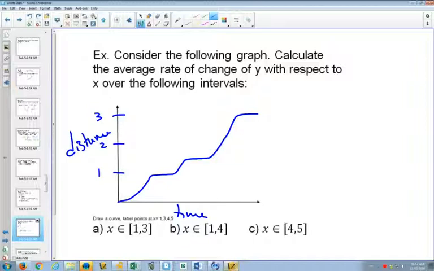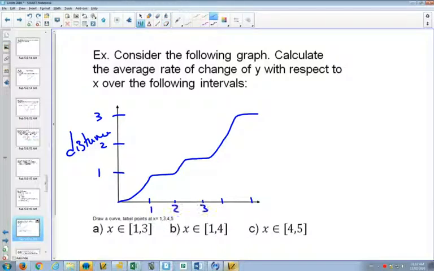So let's say the time here is in minutes, and we'll go 10, 20, 30, 40, 50. Nicely drawn scale. Everything is perfectly equally spaced.